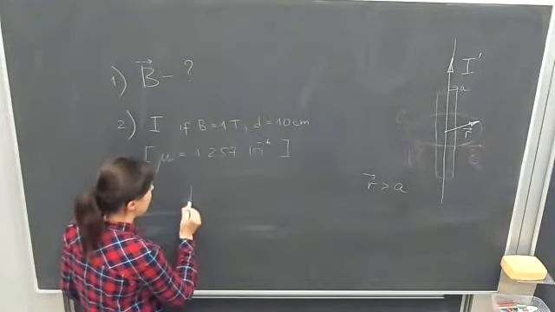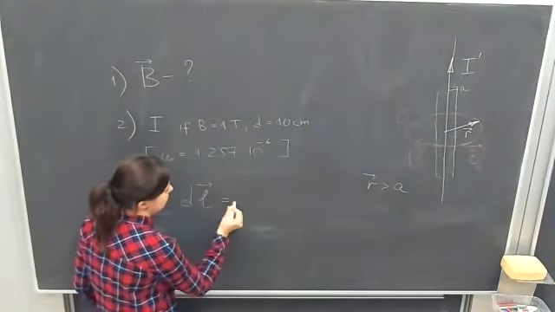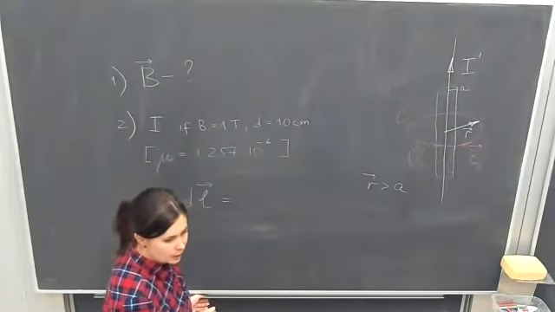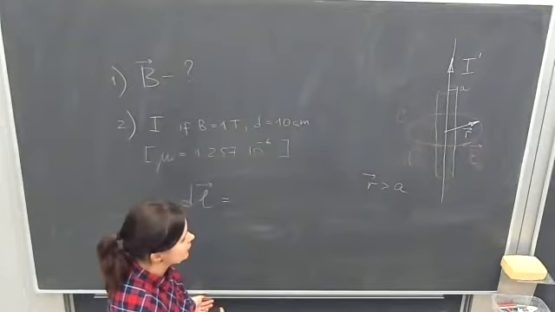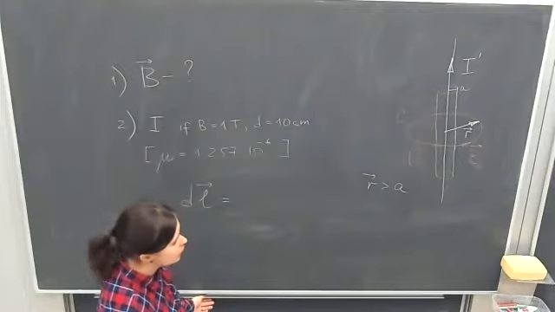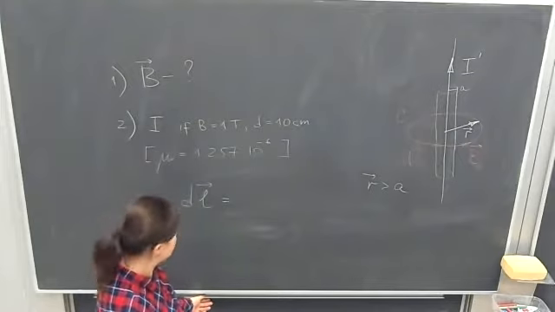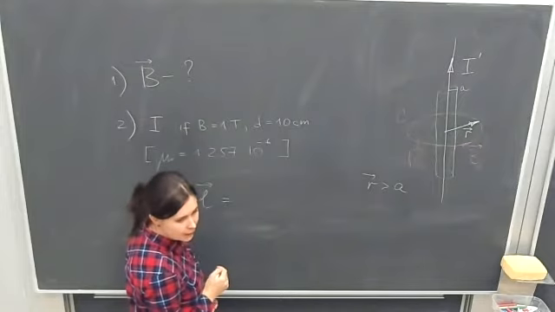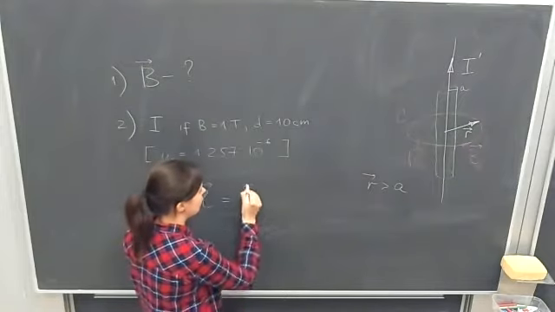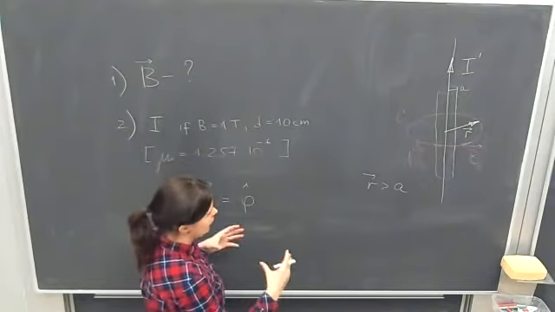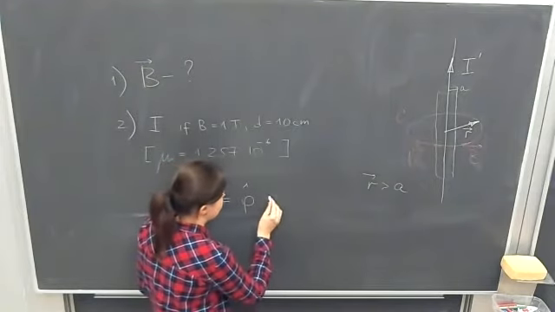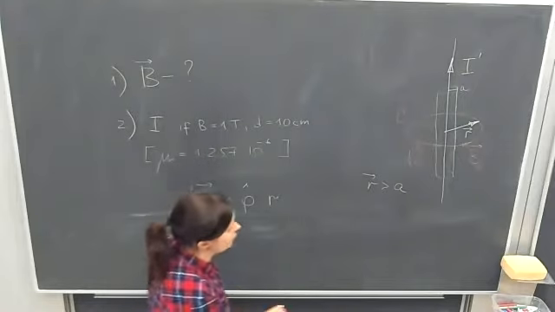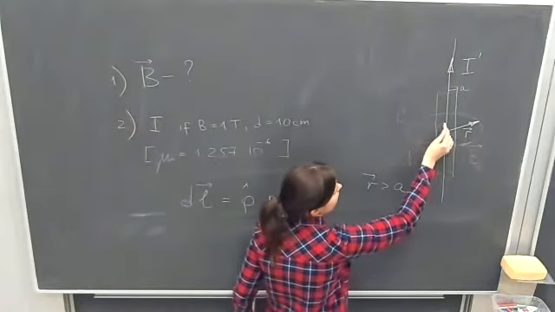To find dl, we would use a cylindrical system of coordinates which has r, phi, and z axes. So our dl will be directed in the phi direction. It's at the distance r from the center of coordinates, if we assume that this is our center.